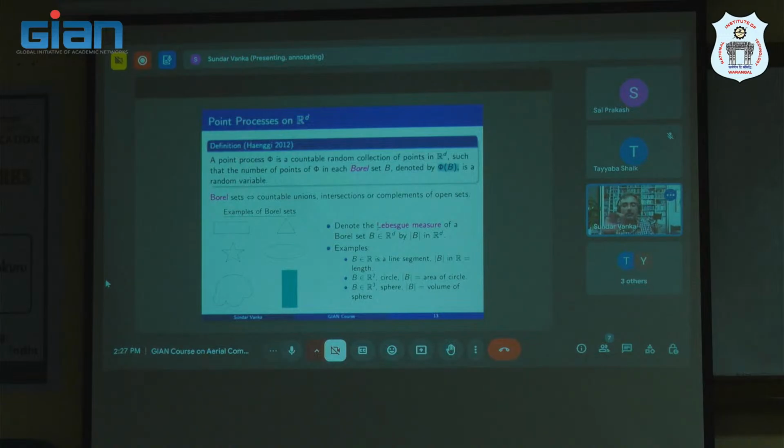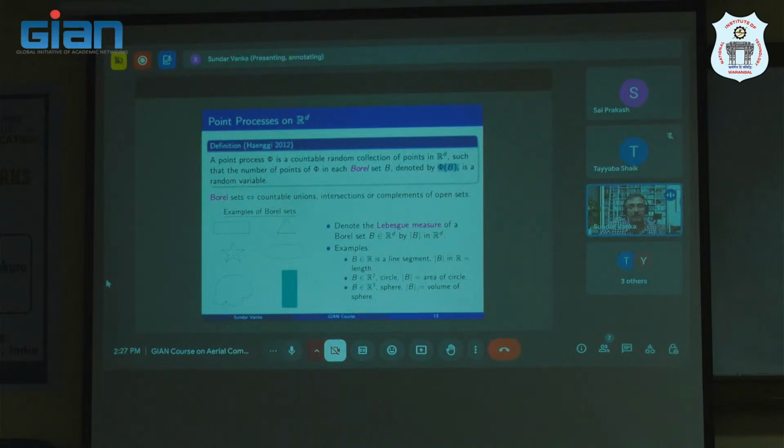Okay. So the one small thing I want to mention here is a concept of what is called a Lebesgue measure. I'm not going to go deep into Lebesgue measure, but all I'm going to say is it is like the volume of a set. So for example, if B is a line segment in real numbers, mod B is basically its length. If B is a circle, let us say in R2, then mod B is the area.